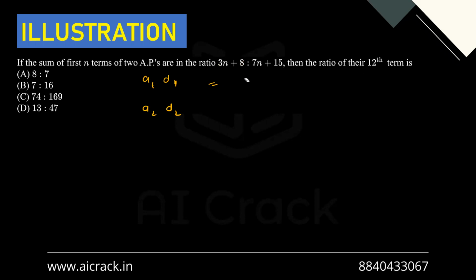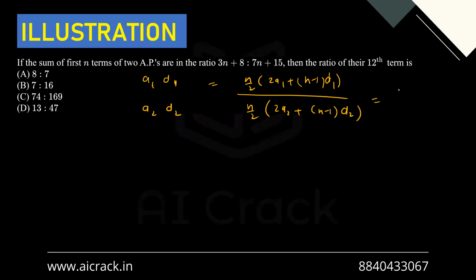So we have been given that the ratio is in this particular format. n by 2 times 2a1 plus n minus 1 d1 divided by n by 2 times 2a2 plus n minus 1 d2 equals 3n plus 8 divided by 7n plus 15. So this gets cancelled out.